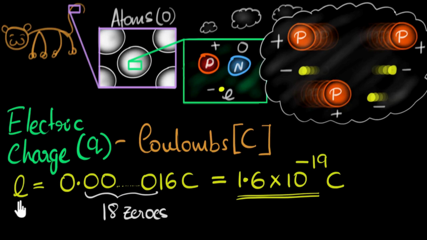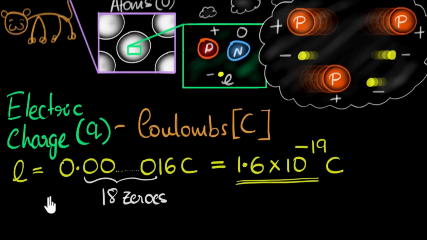Now that we know that the charge on an electron or a proton is such a small number, for electrons it would be negative, for protons it would be positive, we could ask ourselves how many, say, electrons would make up a total of 1 coulomb charge. You get it? So it's going to be a huge number because charge on each electron is so tiny. We need a lot of electrons to make up 1 coulomb. But exactly how much is the question.